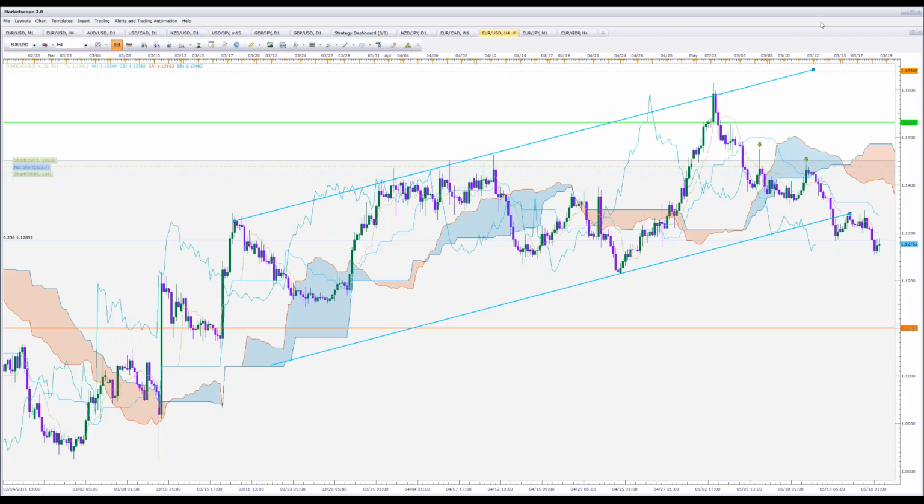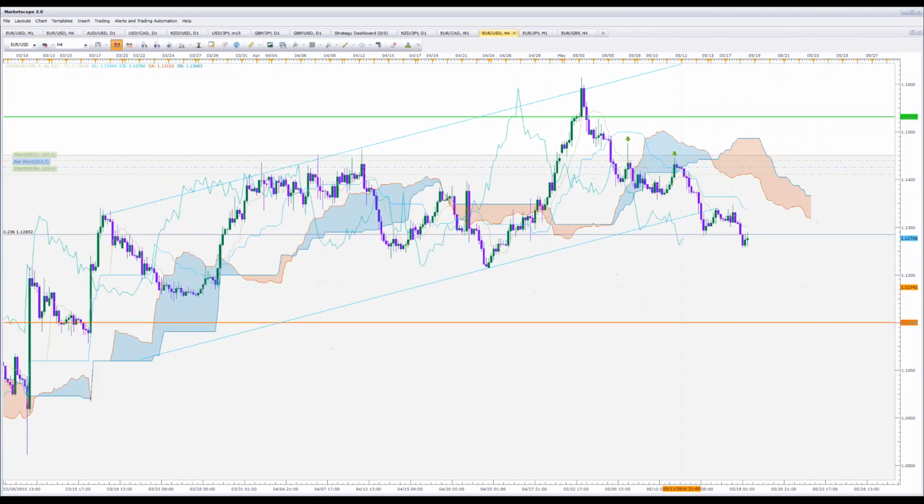So yeah, that was also another bearish signal for us, and it's also right now testing below the 23% Fibonacci level. On the 4-hour chart, it still remains below the Ichimoku cloud. The forecast for Ichimoku cloud is in the red.